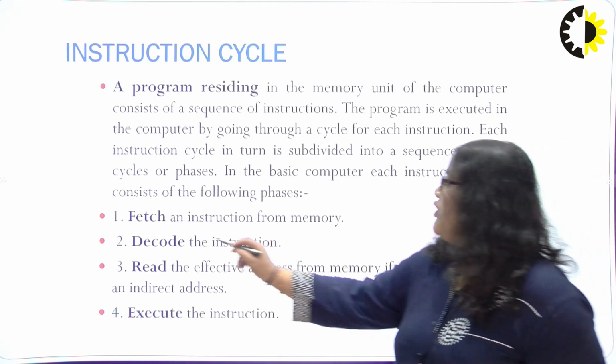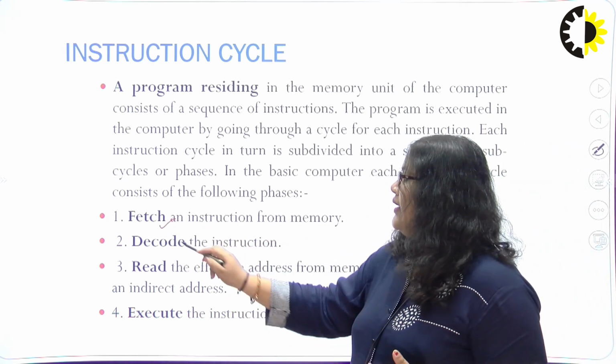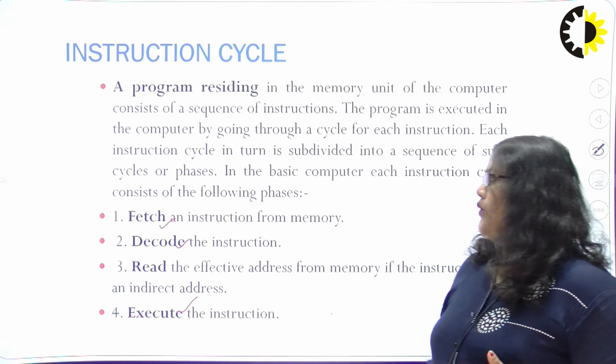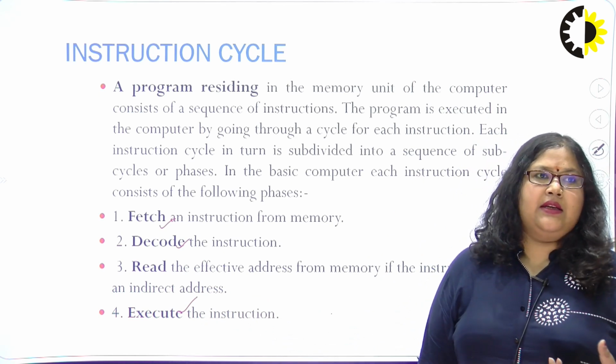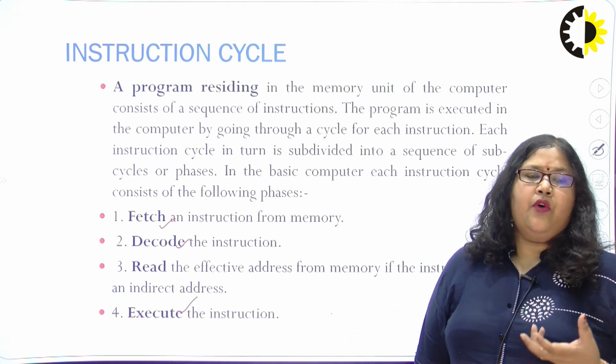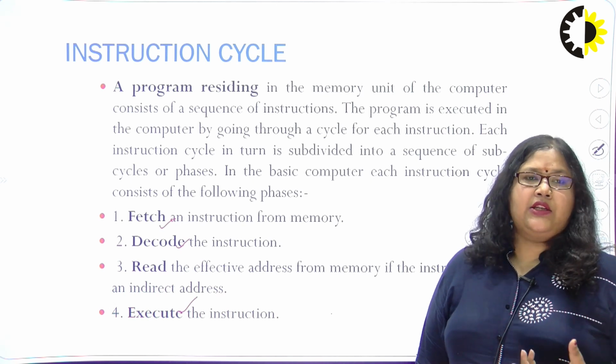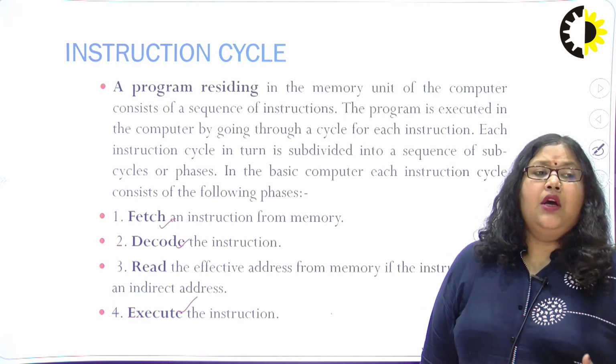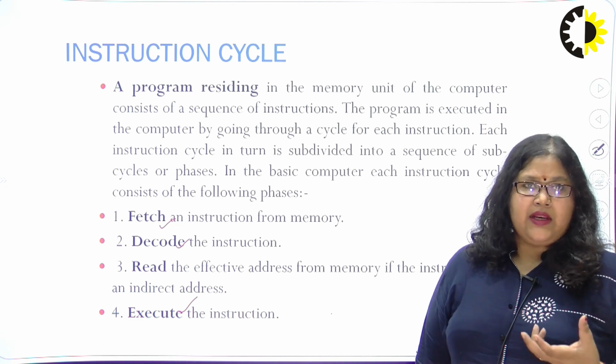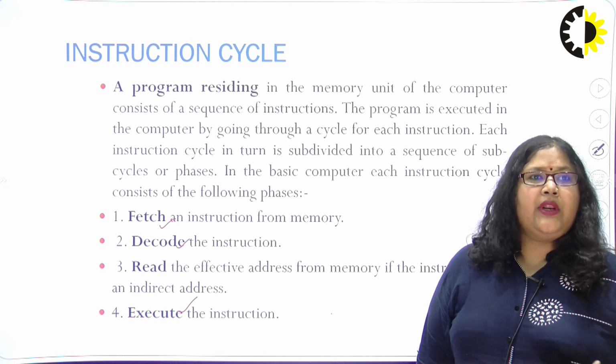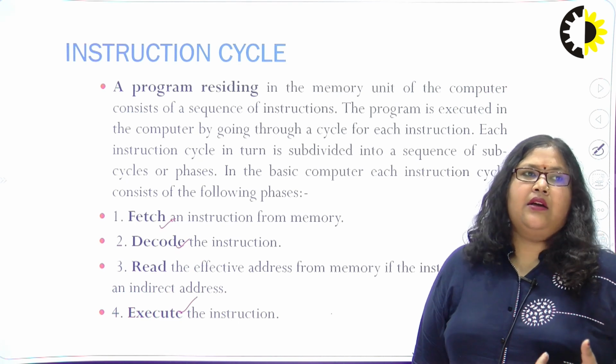First phase is the fetch phase. Second is decode, read and execute. So there are four phases that we have to use for executing any instruction in the computer system. These four phases are very important for executing any instruction in the computer system.